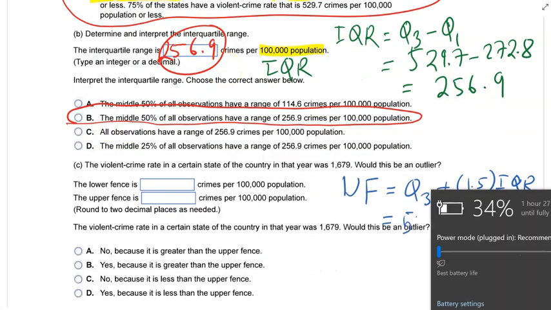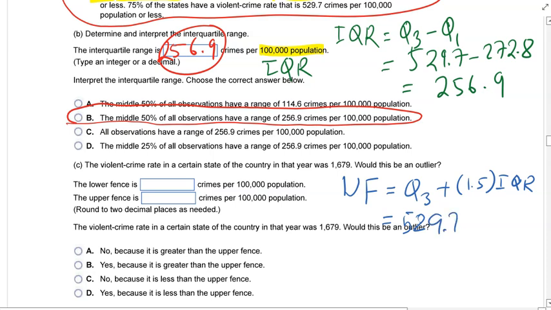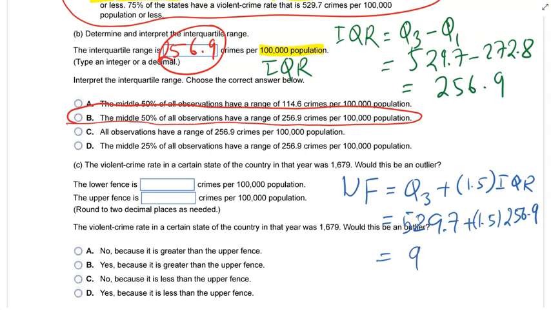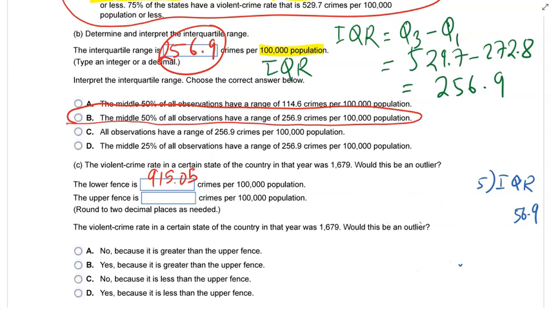Now 529.7 plus 1.5 times IQR, which is 256.9. If you use the calculator, the upper fence equals 915.05. That's the upper fence, 915.05.